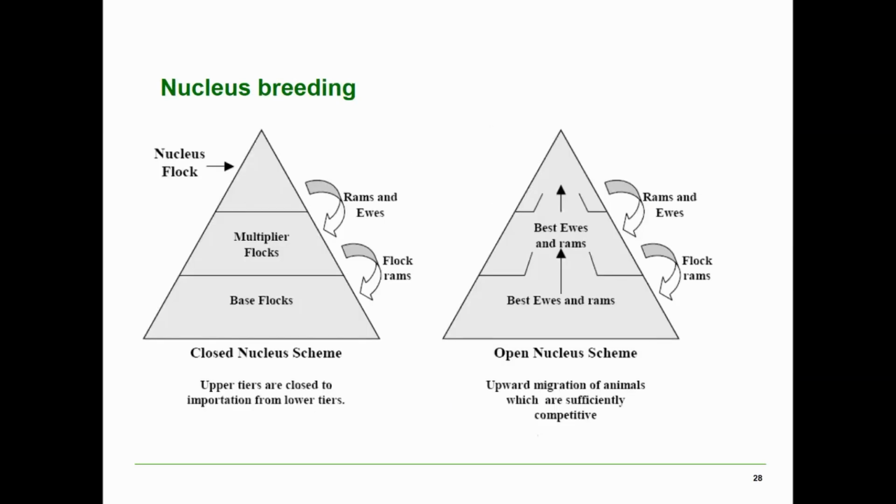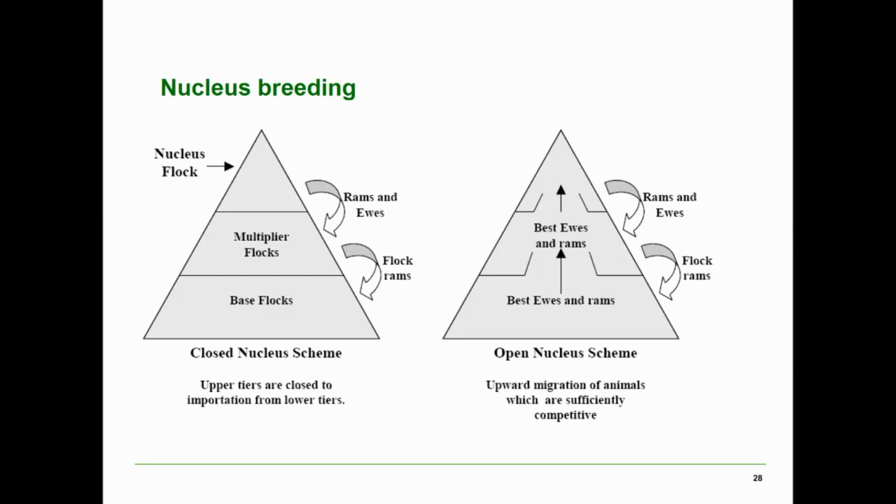Another variation on this nucleus breeding system is shown here. We have this breeding pyramid, this time with 3 levels. The top is the nucleus animals, the best animals that are genetically superior to all. In this case it is a sheep breeding program, but of course it could be any other species.